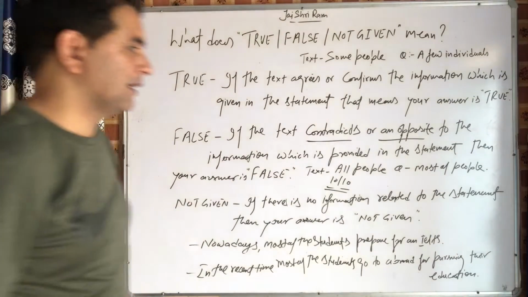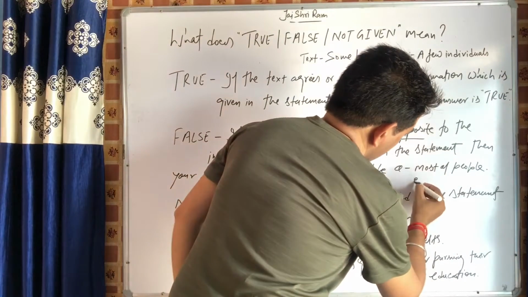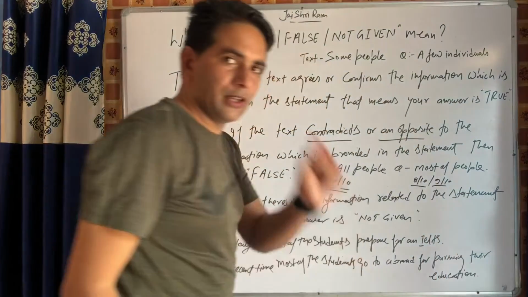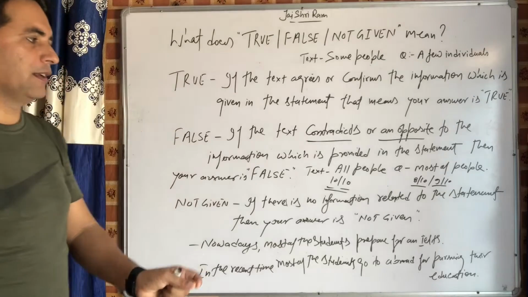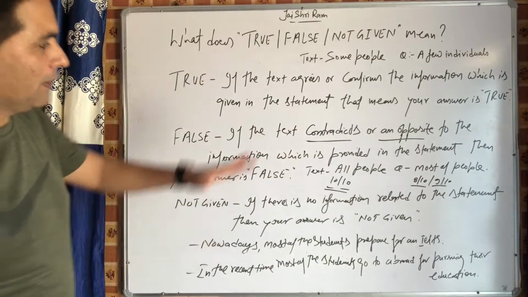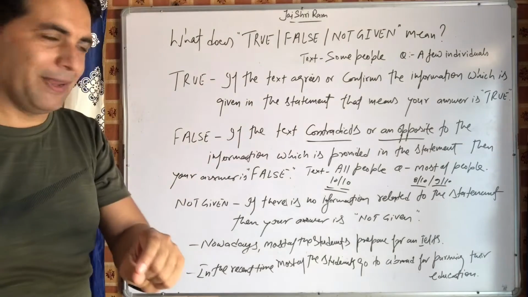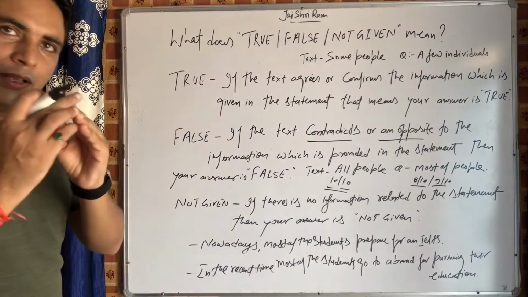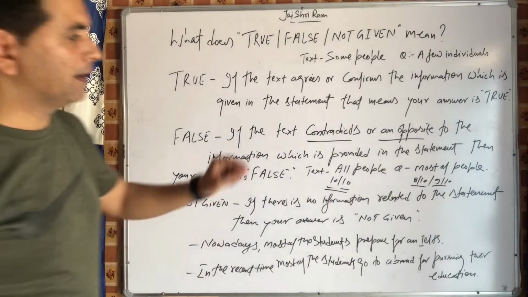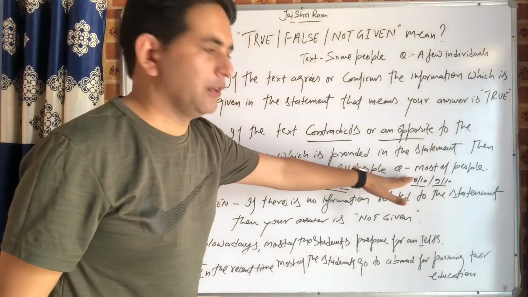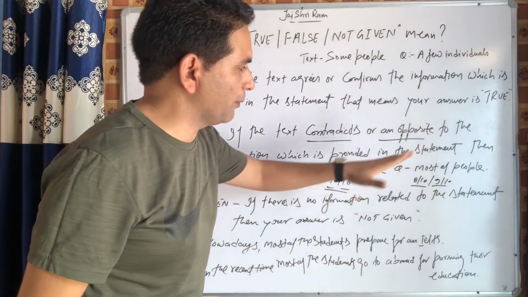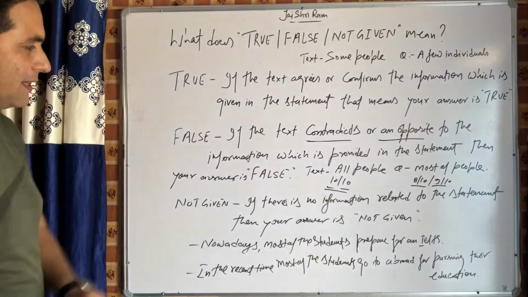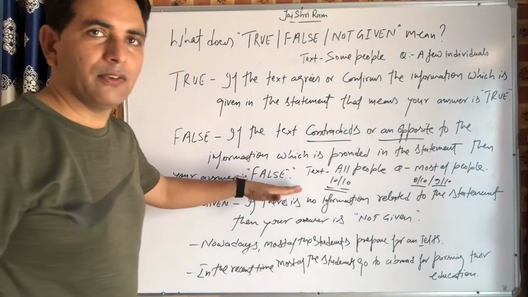All people means 10 out of 10, and most of people can be 8 out of 10 or 9 out of 10, but not 10 out of 10. So your text information contradicts the information provided in your statement. All people and most of people have different meanings. So in this condition your answer will be false.